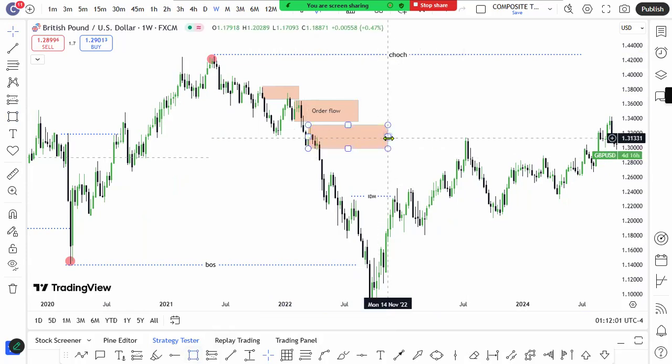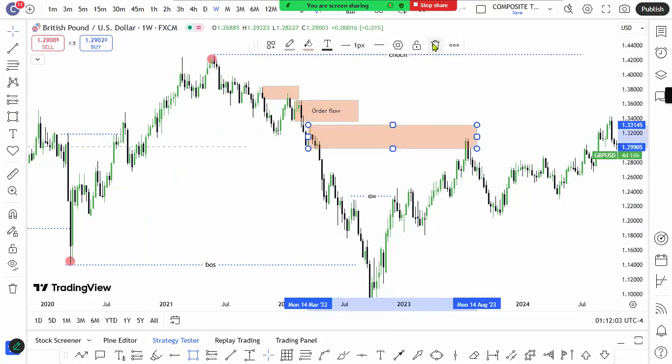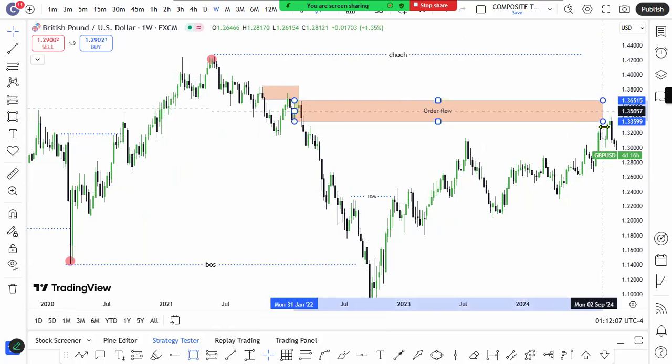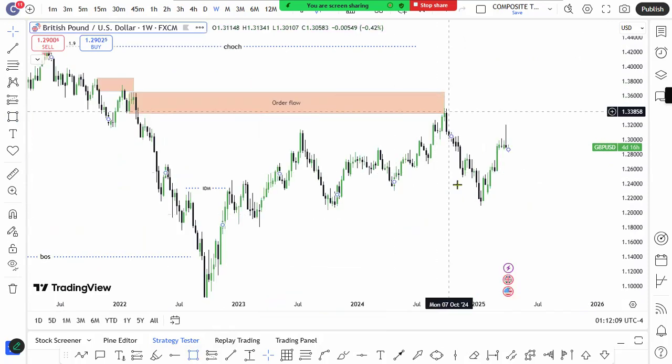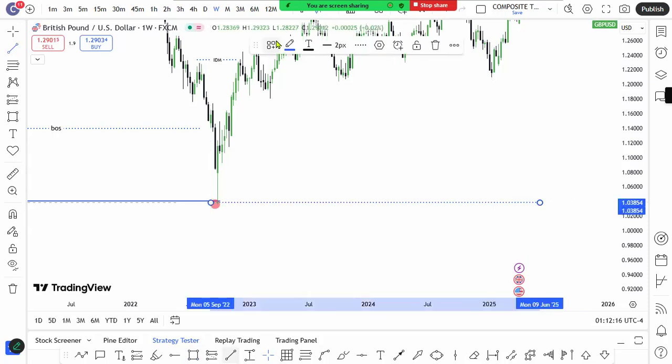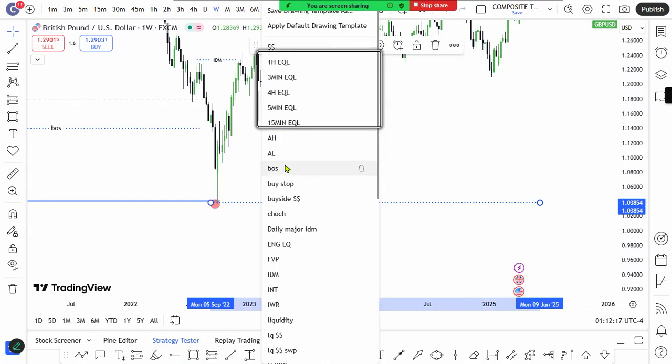The order flow here was tapped, price went lower, came higher, so this was the one that was left and mitigated, pushed up on it and started playing around. So we would want to see the price again push lower and break this particular structure here.